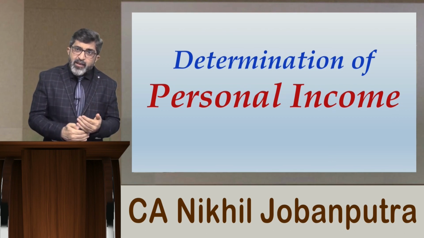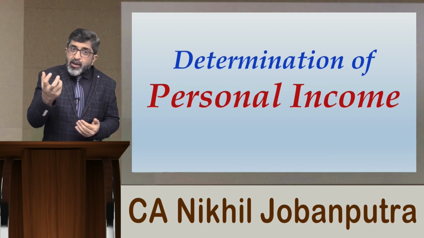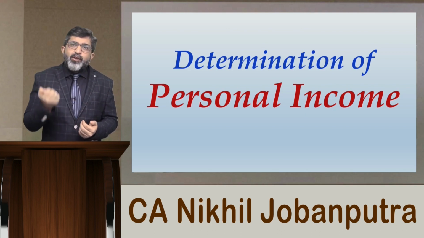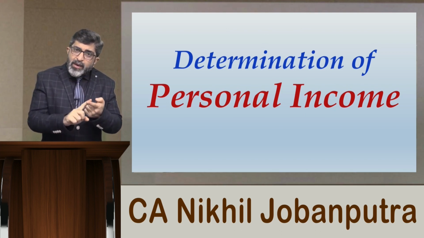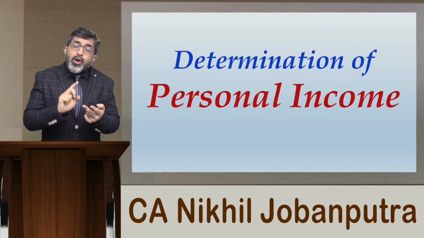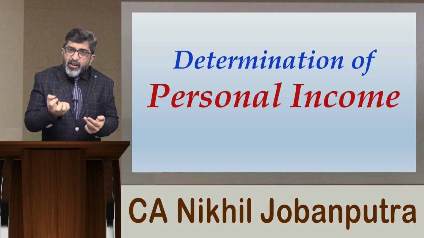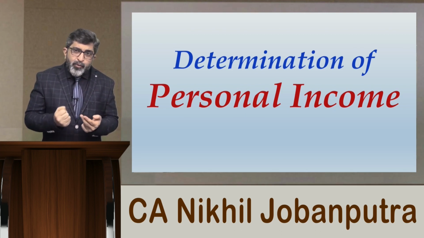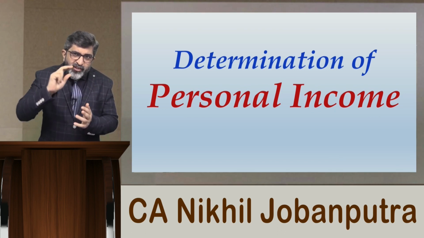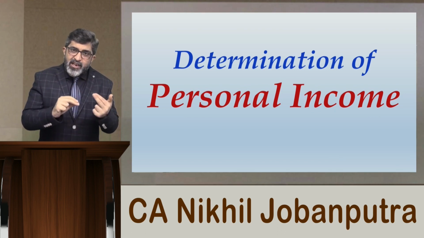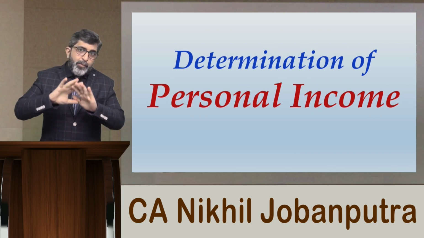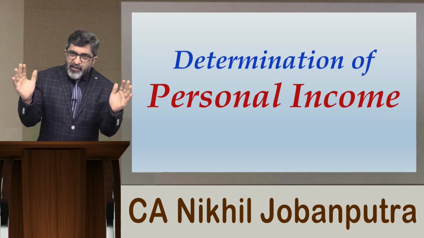On the other side, incomes which are earned but not coming in the hands of household could be, number one, corporate taxation. Another example could be retained earnings or undistributed profits. So if you can just adjust these two components with national income, so I give you a broader picture. Consider national income.